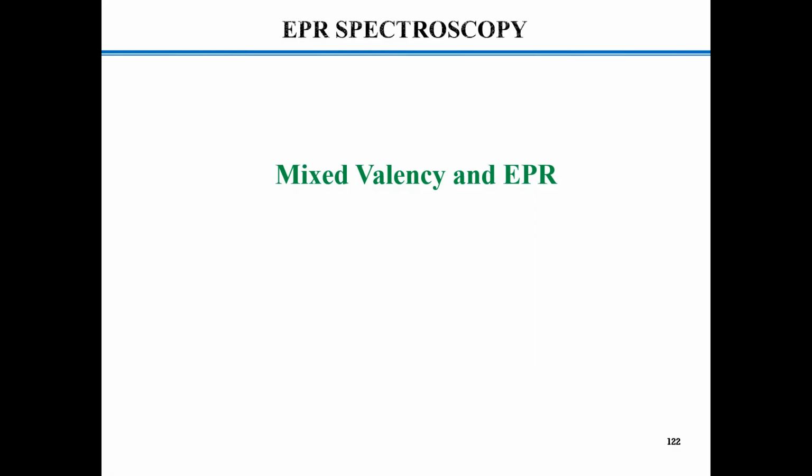Now, mixed valency means, let me tell you, the concept of mixed valency develops when you have a polynuclear setup, not in a mononuclear setup. In a mononuclear setup, if you consider the valency only around the metal center, then a mononuclear center does not come into the picture under the banner of mixed valency.